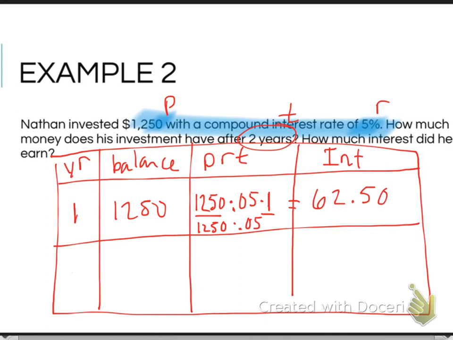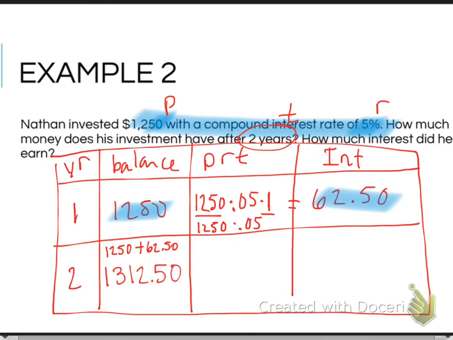Now, on year 2, he doesn't have $1,250 in his bank account. He has, where we add those numbers together, 1,250 plus $62.50, and we get $1,312.50.